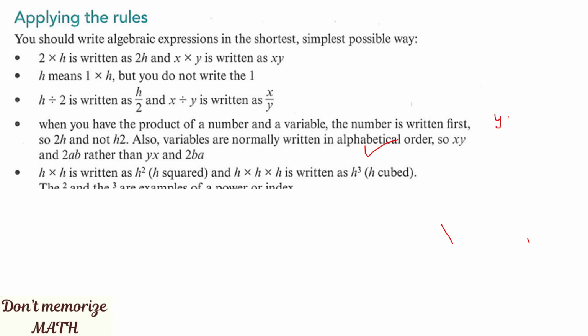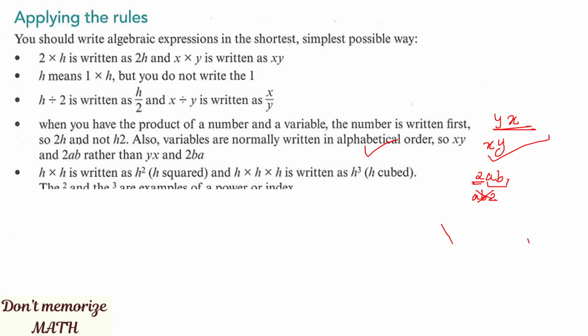If you have yx, this is right actually, but it's better to write in alphabetical order. If you have 2ab, first we write the number, then the letters in alphabetical order. We won't write ab2. If you have only one letter, you can write that. If you have more than one letter, write those letters in alphabetical order.